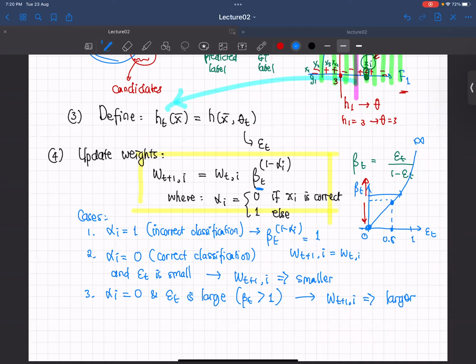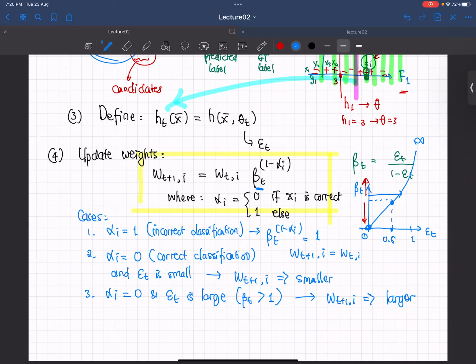Right, so that is the mechanism here. If it is incorrect classification, you keep the weight. Means that in the next iteration, don't focus too much on this. Well, you have to focus, but not that much. But if it is correct and the error is low, meaning it's a good classifier, beta t less than 1, then you tell the classifier, don't bother about this, don't put attention on that because it's already correct, right?